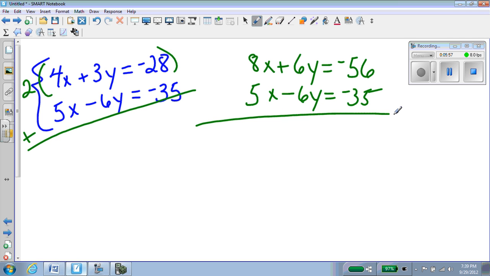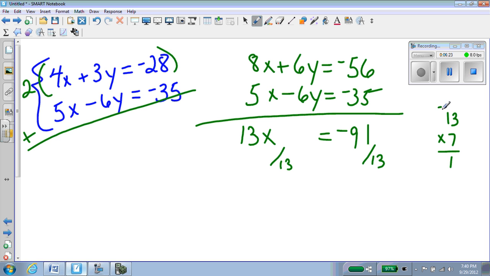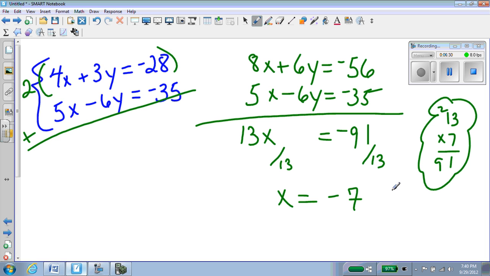See, the better we are with numbers, the more we know about numbers, the easier this is. Okay, so that's 13x equals negative, let's see, 91. See, it's that knowing numbers. Okay, 13 happens to be one of my favorite numbers, and I happen to know that 13 times 7 is 91. So this is x equals -7.